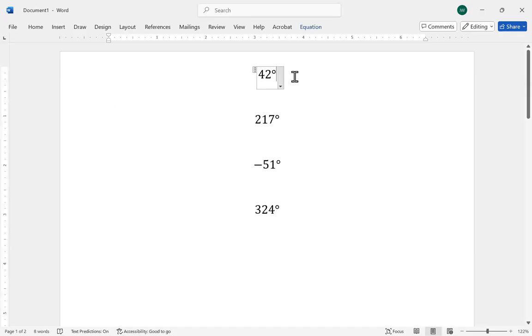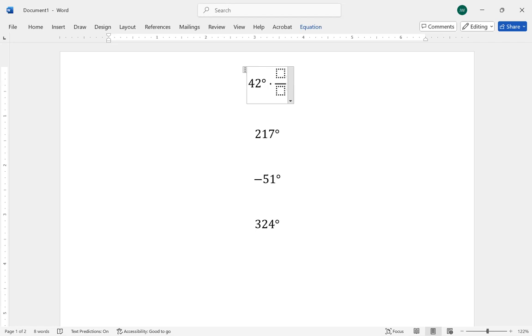So like I said, what we're going to do is multiply times a fraction that's equal to 1. And since my label of 42 degrees is in degrees, I'm going to have to put the degree label in the denominator. Now we know that 180 degrees is the same thing as pi radians.